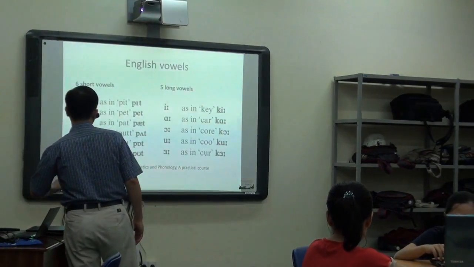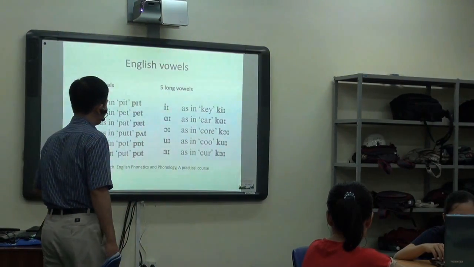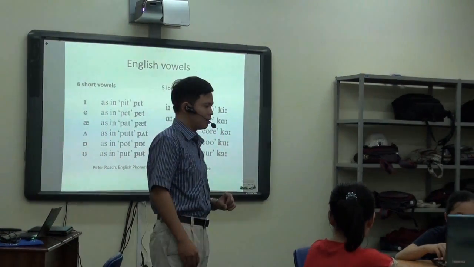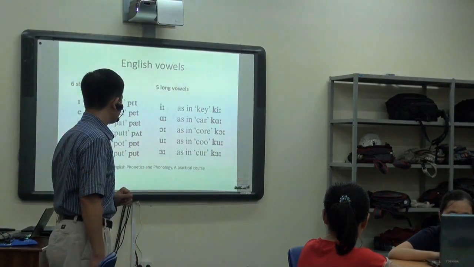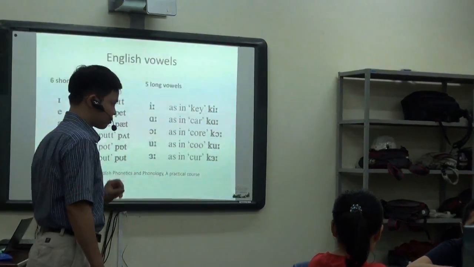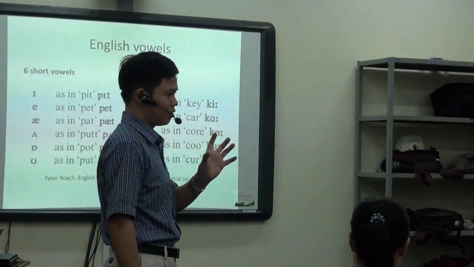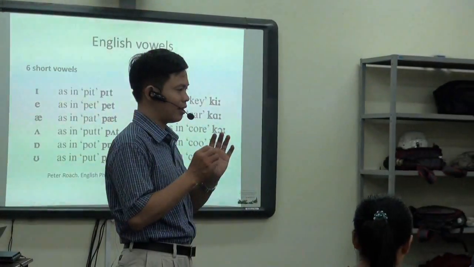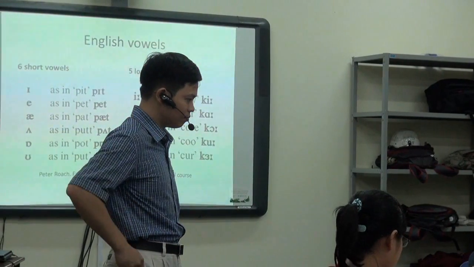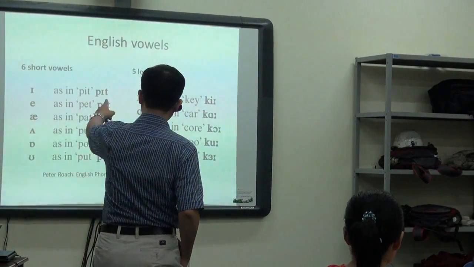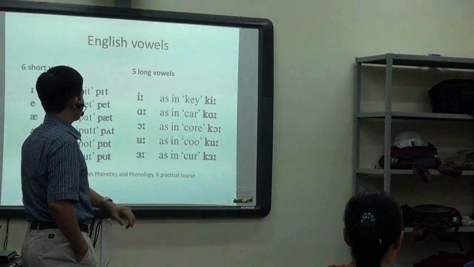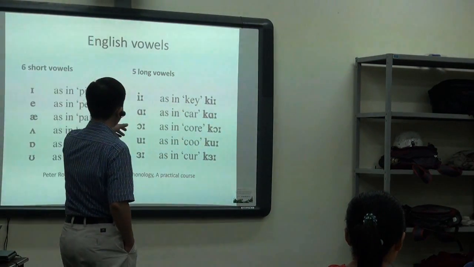Now, let's see what it looks like in English. The single vowels in English are a little bit fewer, with 6 short vowels, as you see on the screen, and 5 long vowels.